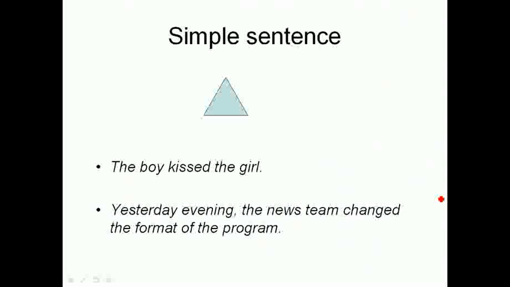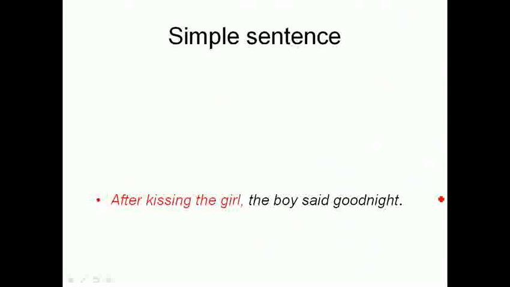So a simple sentence, for example, the boy kissed the girl, and this is the symbol that we use here. But a simple sentence doesn't mean it's short or necessarily easy to understand. A simple sentence simply means there's one subject and one finite verb, but there might be other non-finite verbs, there might be adverbials, there might be lots of wording in it as well.